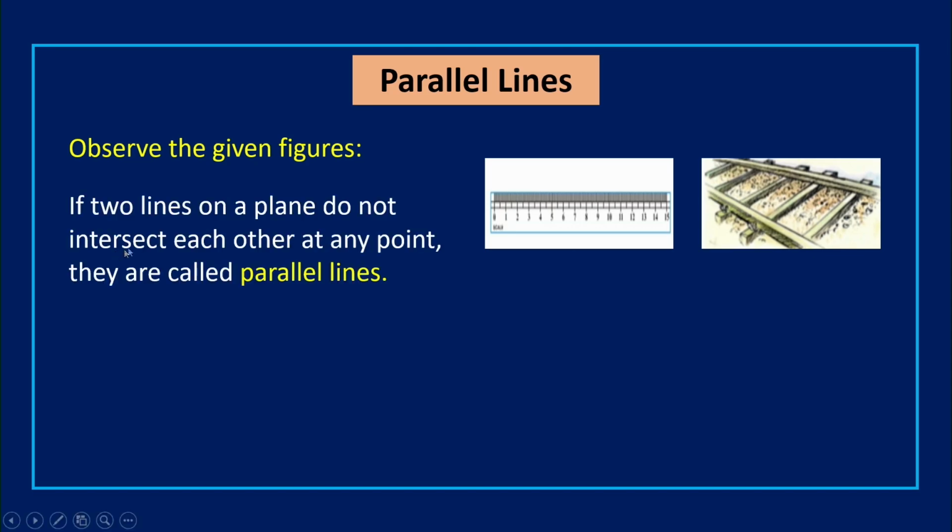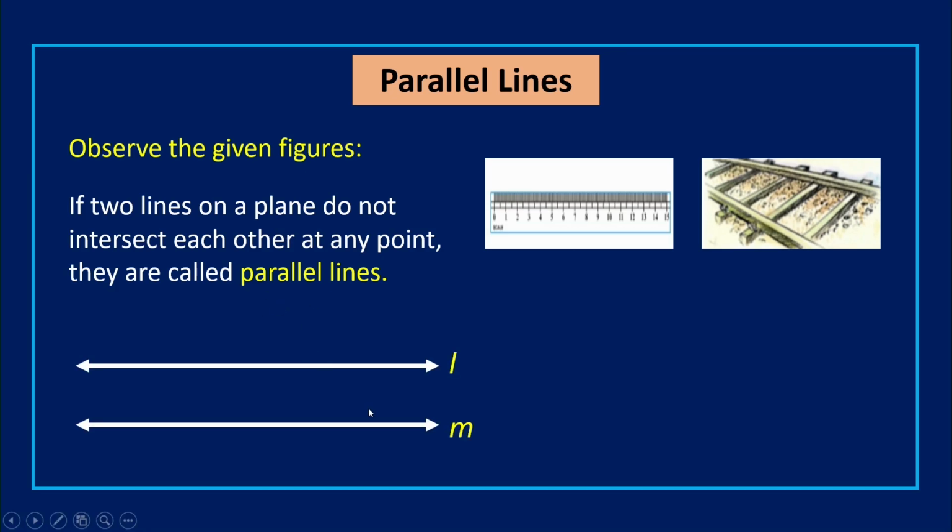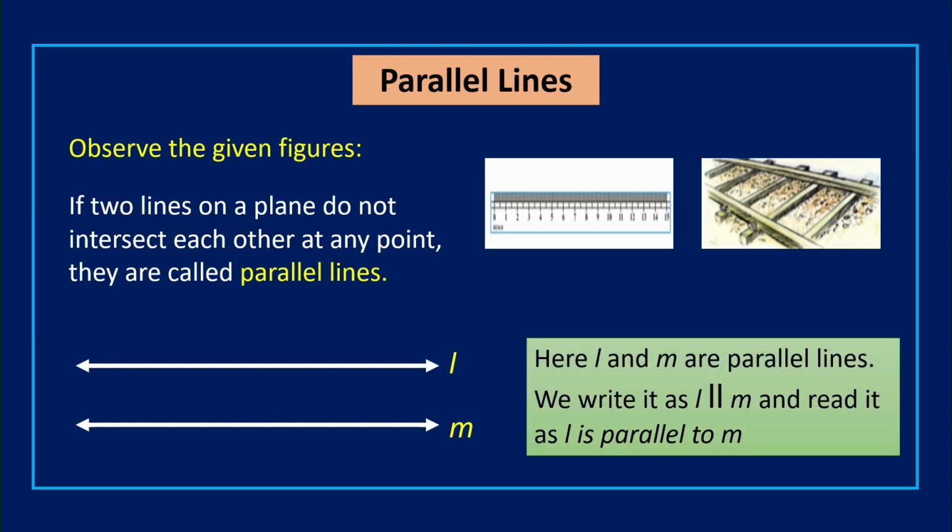Two lines on a plane that do not intersect each other at any point are called parallel lines. For example, L and M are two parallel lines. They are not intersecting anywhere. We write it with the mathematical symbol, L parallel M, and read it as L is parallel to M.